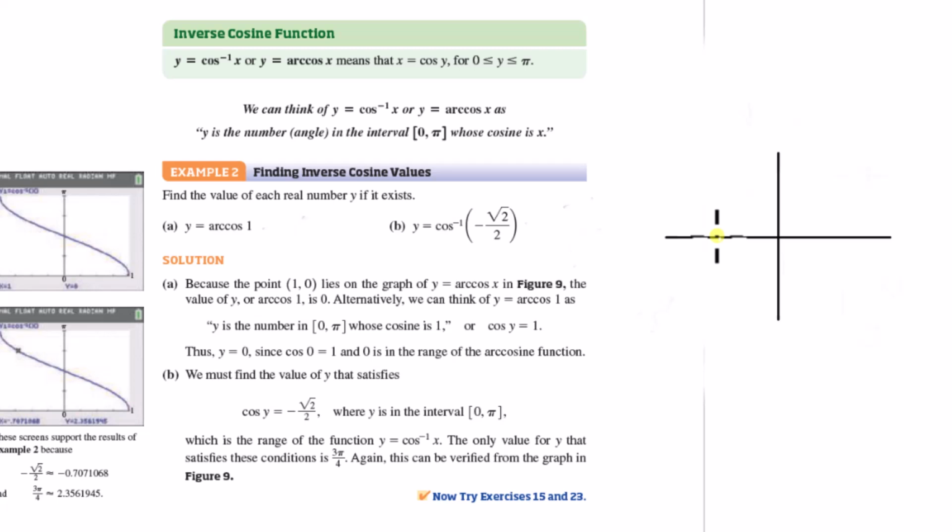So what angle between 0 and pi, when you take the cosine of that angle, do you get 1? Well, that's when x is equal to the radius, in the positive direction. So that's x equal to the radius when theta is equal to 0. So this is 0.